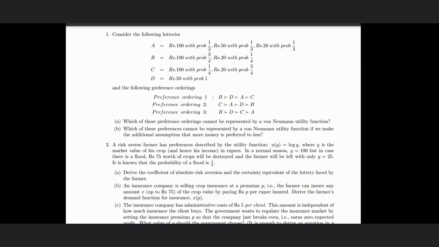Now, if the farmer is not risk averse and is risk neutral, the certainty equivalent is calculated by finding at what amount of y, the market value of the crop, will the person be equally well off as he is right now.